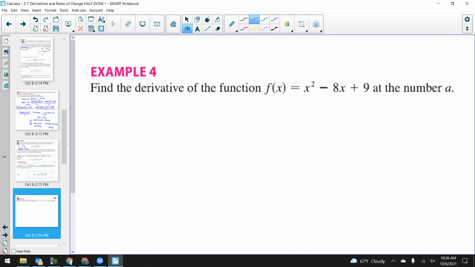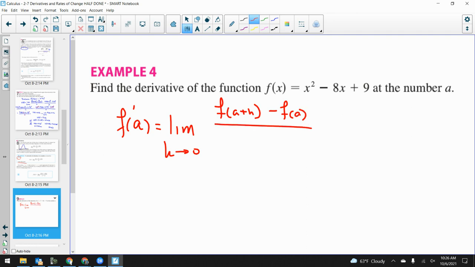Okay. So f prime of a is going to be equivalent to the limit as h goes to 0 of f of a plus h minus f of a all over h. And again, the reason we use that one more often is because it's easier to get the h out of the denominator when it's just a single term down there.